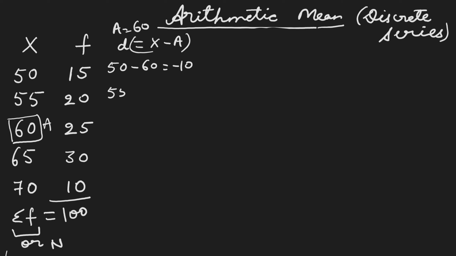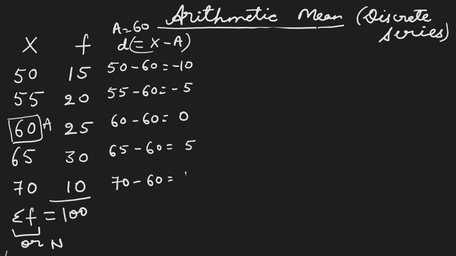Then 55 minus 60 is equal to minus 5. Then 60 minus 60 is equal to 0. 65 minus 60 is equal to 5. 70 minus 60 is equal to 10.